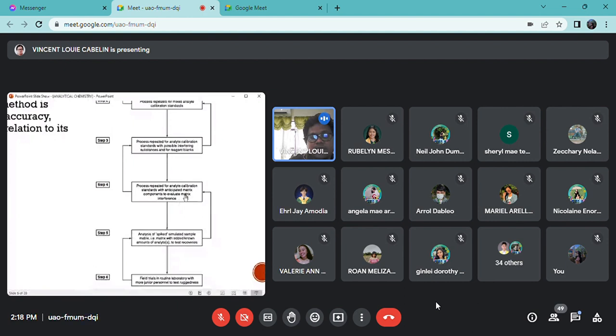Now, if you look at all of these steps, basically, you are just trying to test ang iyong instrument, no? Kung kaya ba niya mag-detect ng isa lang or multiple substances at the same time, and if it can, aside from detecting your substance of interest, can it also detect the interfering substances or mga contaminants?